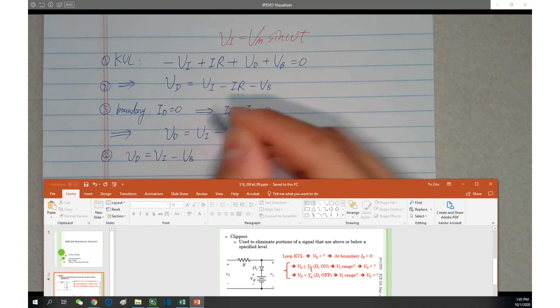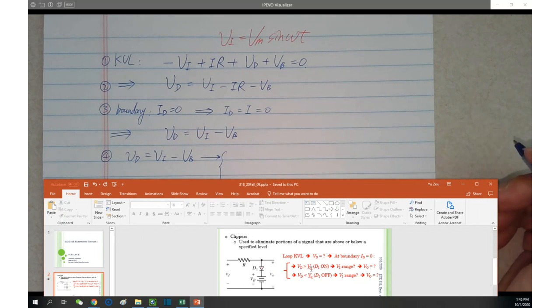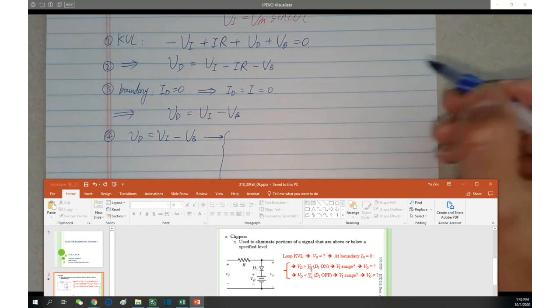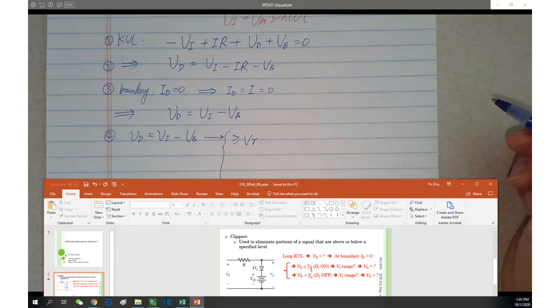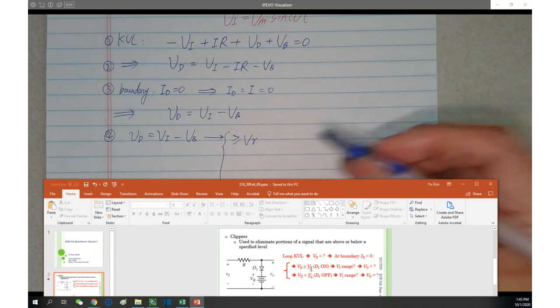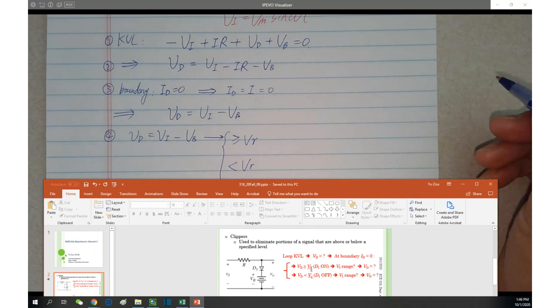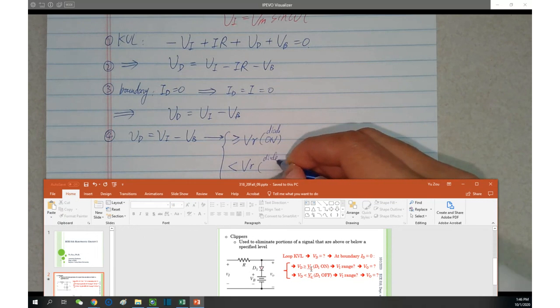Repeating it, there could be two scenarios. The first is equal or greater than V gamma, which means the diode is on. The second is less than V gamma, which means the diode is off.